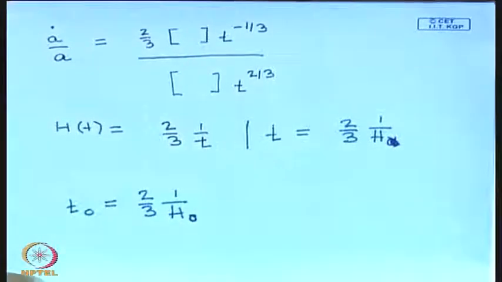So what do we see? As far as the Hubble constant is concerned, the main consequence is that the slowing down due to gravity will essentially reduce the age of the universe.